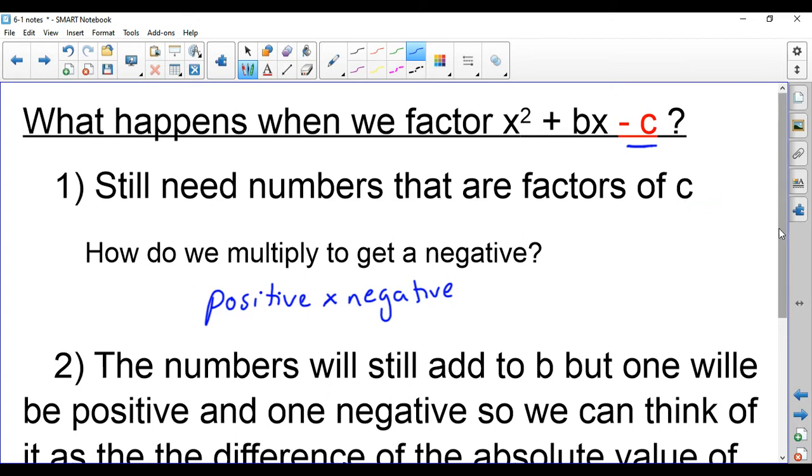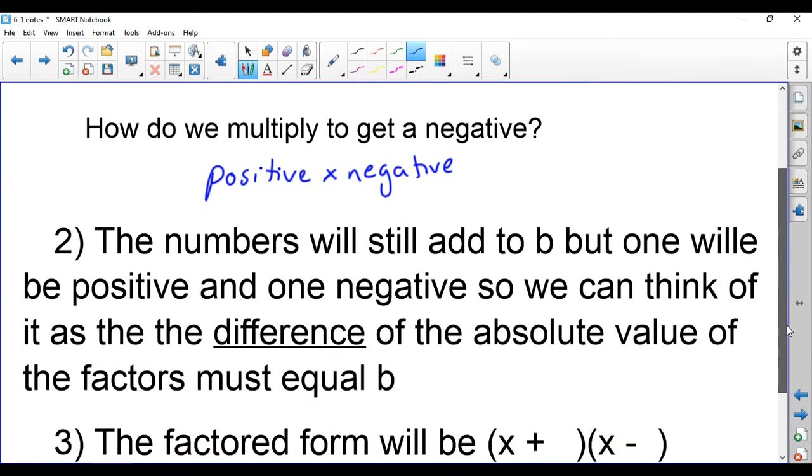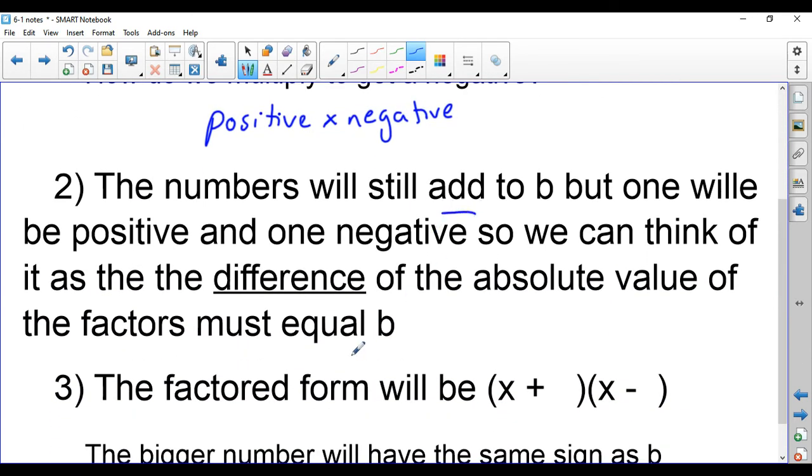So we're going to have to look for two numbers where one is positive and one is negative, and they multiply to c. Those numbers will still add to b, but one will be positive and one negative, so we can think of it as the difference of the absolute value of the factors must equal b.